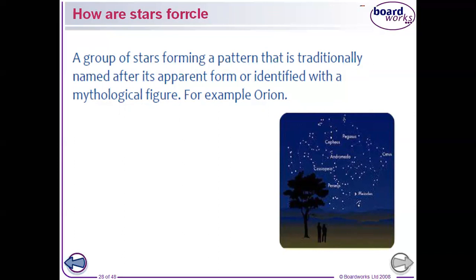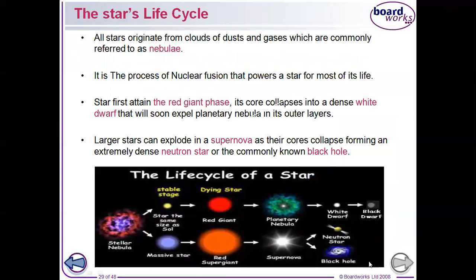A group of stars forming a pattern that is traditionally named after its apparent form, like this. This pattern can actually be named just for easy identification anyway. So one of them is Orion. Others are this. We have so many others being named there.